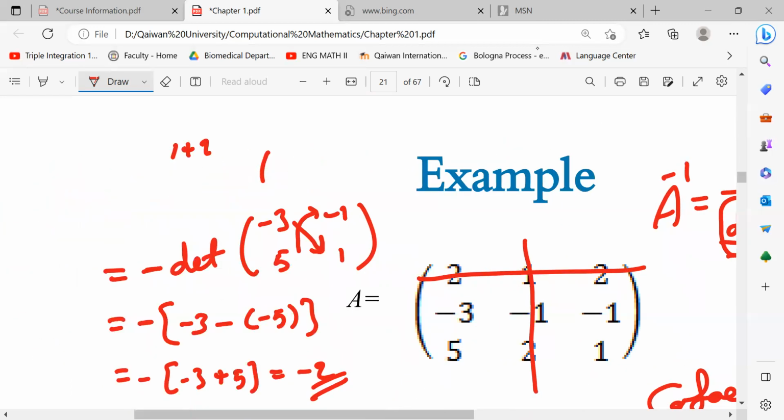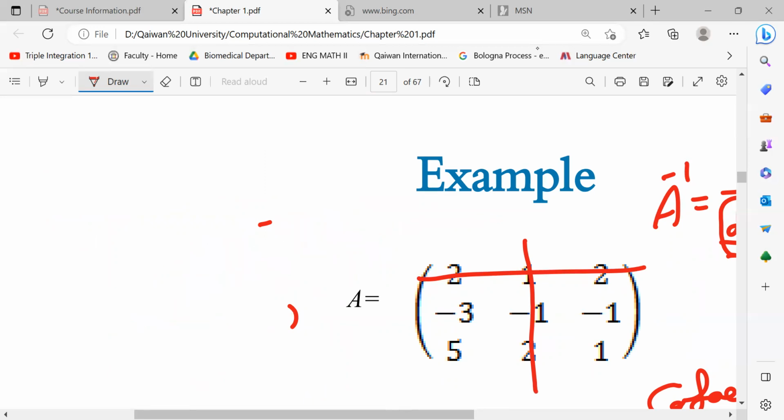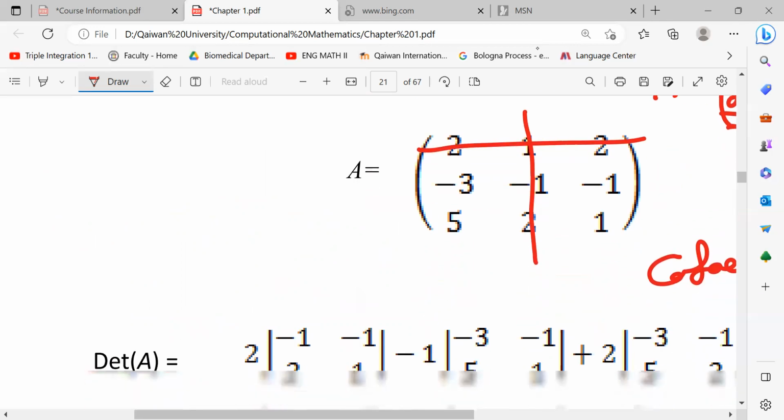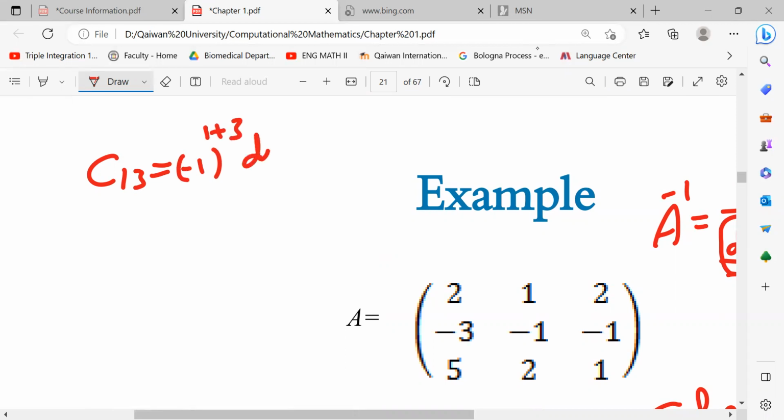Then we find C13. Let's find C13. So it takes time, but it's easy. C13 is -1 to the power 1 plus 3, determinant of A13. What's the sign here? It's positive. So this becomes 1. And this equals the determinant of what? A13.